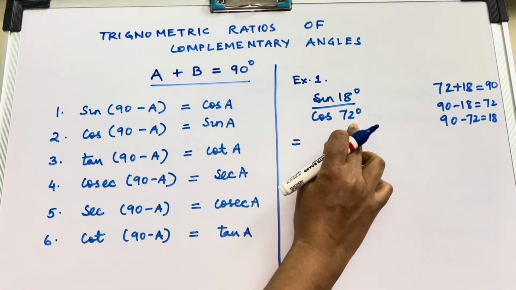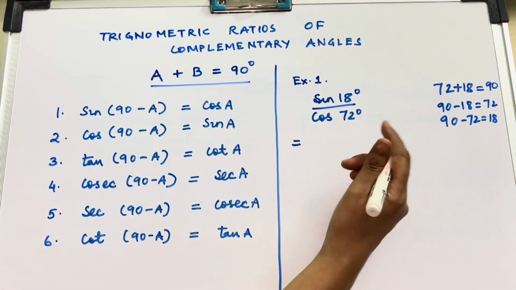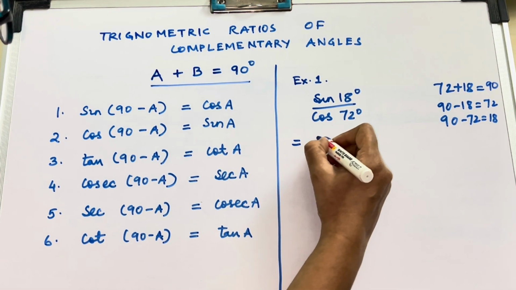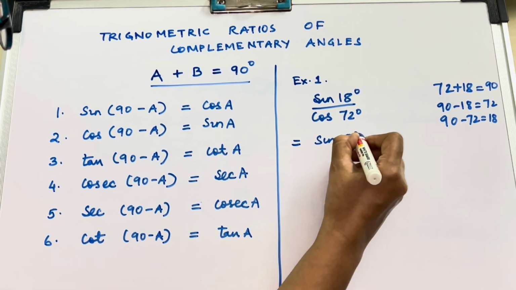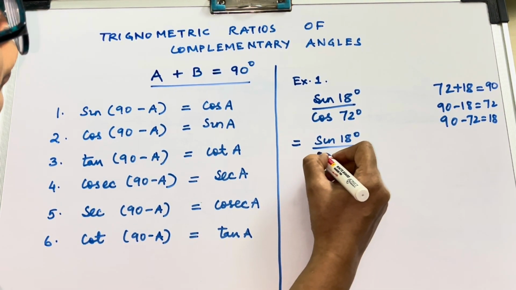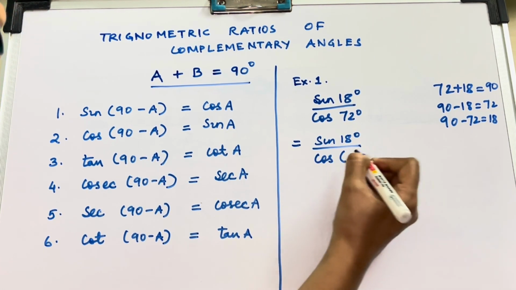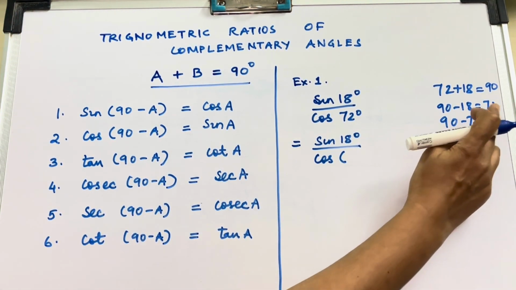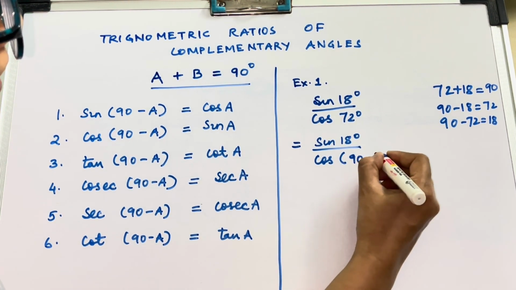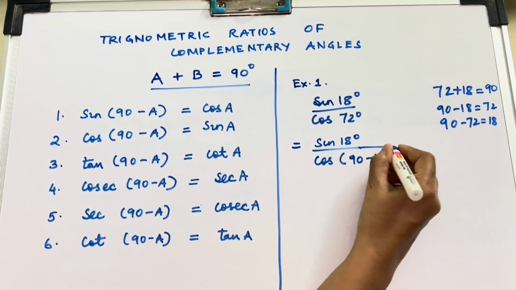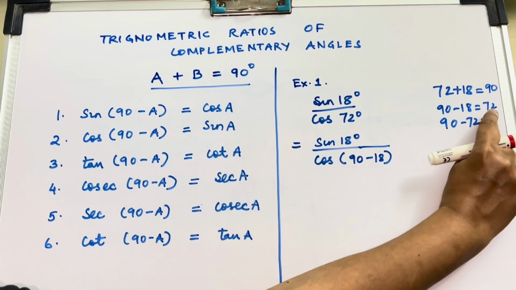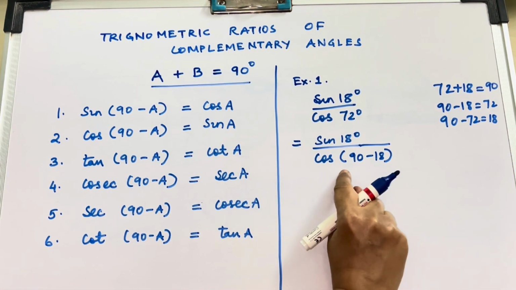Let us convert cos 72 into a complementary ratio. 72 can be written as 90 minus 18, as the difference of 90 minus 18 is 72.